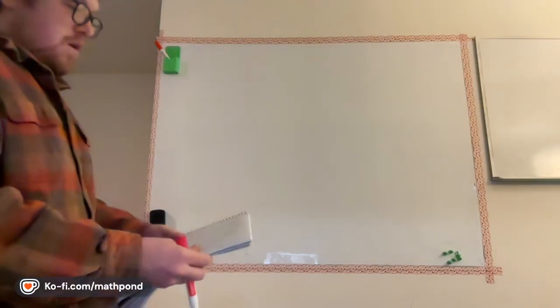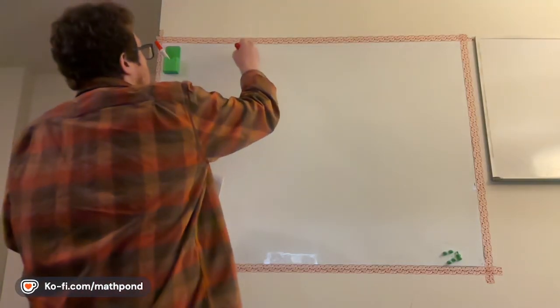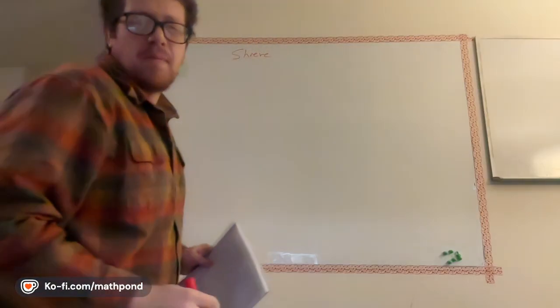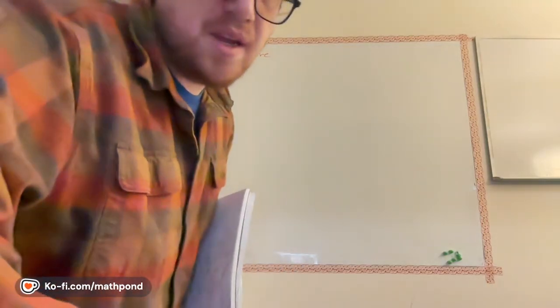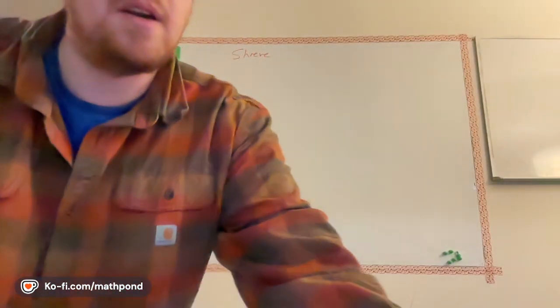Okay, so the statement in Shreve. Maybe Mavort, if you're still listening, you can get me the page number, but I don't have it off the top of my head. Actually, maybe I do.